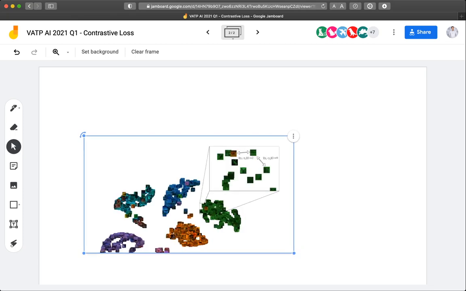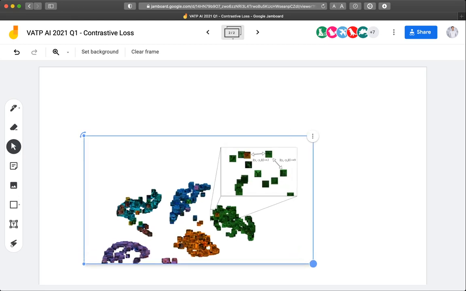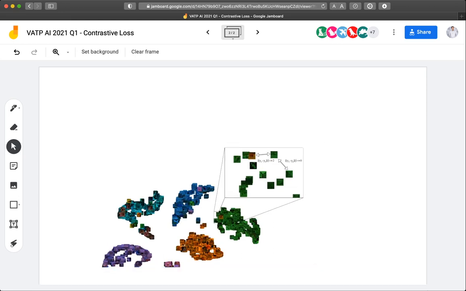In the very beginning, with the first template, we will start with classic classification, and then we'll move to this one. So here, the idea is that we have some samples, and we want to cluster them in this latent space so that samples from the same class are in the same cluster.